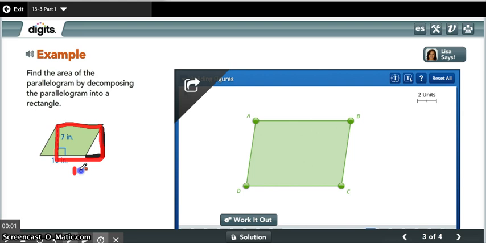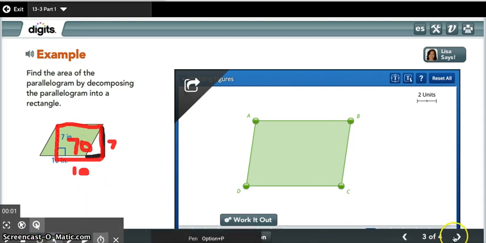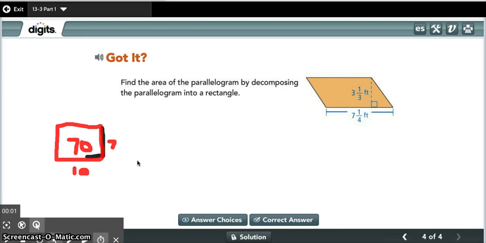I know the base is 10. I know the height is 7. So if I need to find the area of this rectangle that I just composed, I can say 10 times 7 is going to be 70. I'd like you to go ahead and try this in your book for your Got It.